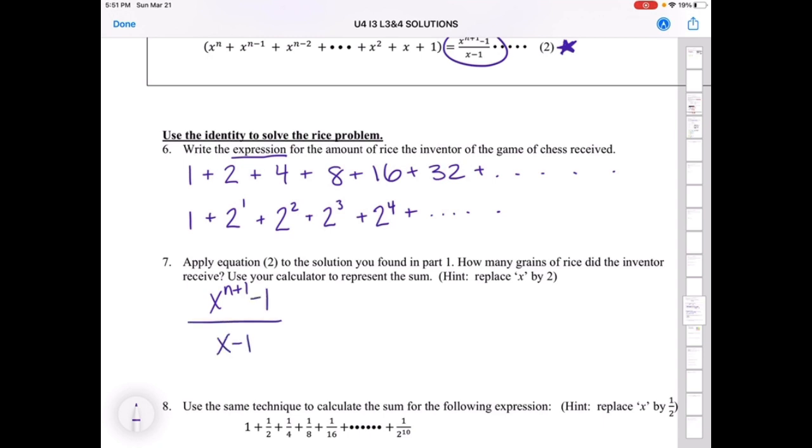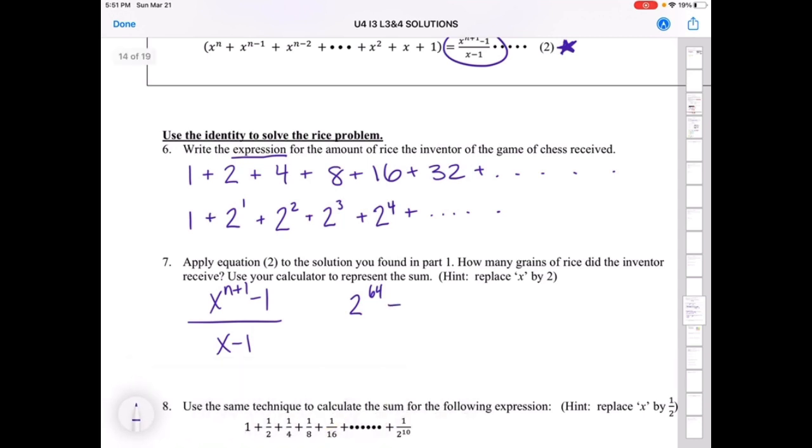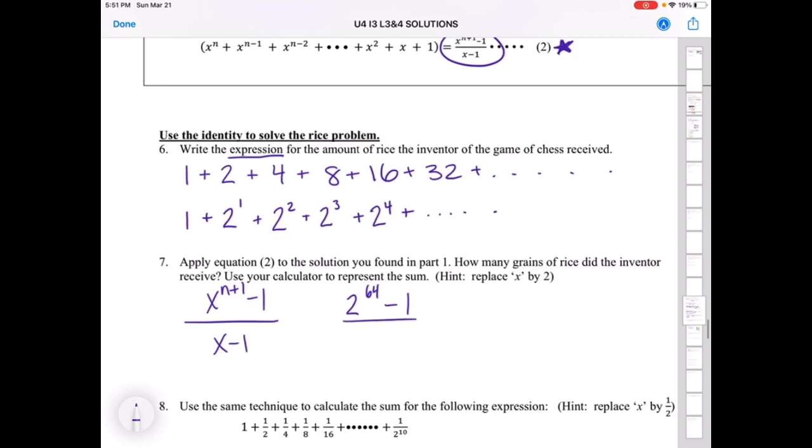So what I'm going to do is I'm going to put a 2 in for x because I'm going up by double each time and we're using a power of 2. So I'm going to use 2 instead of x, and I'm going to get 2 to the 64th minus 1 over 2 minus 1.